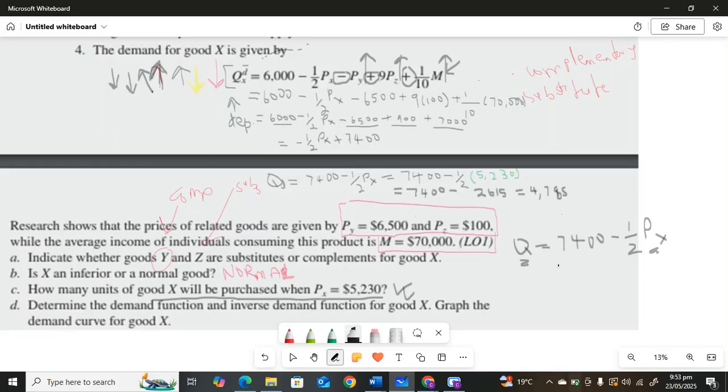So we have to make an inverse demand function, where Px is the subject of the formula. Price is the subject of the formula for an inverse demand function.